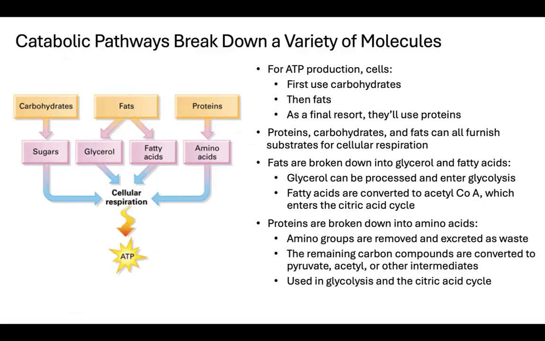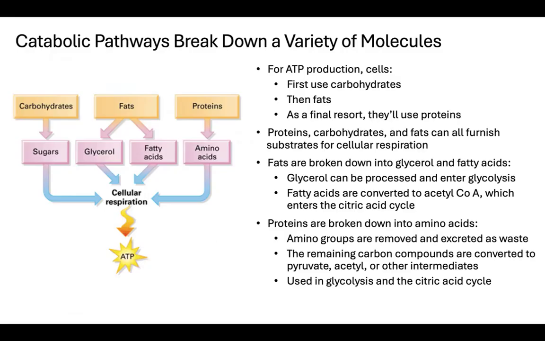What's going to happen, as we see on the diagram, it'll take fats and through other biochemical processes, it's going to catabolize those. It's going to break those down into things like glycerol, fatty acids, and those can be used also in the Krebs cycle to produce the ATP.